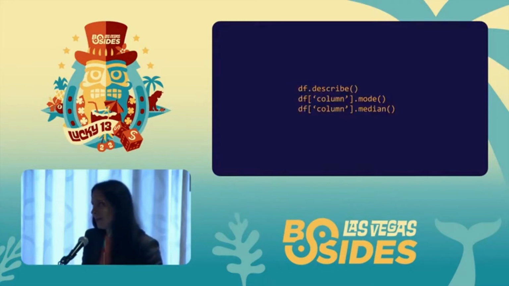So we'll start here. Very simply, for those of you familiar with Python pandas, you will recognize this, but in this case, df is my data frame or data set, and these are some operators that I can call on my data frame to get sets of descriptive statistics about my data. Describe will give me things like min, max, standard deviation, mean, and then mode and median as well. So pretty simple.